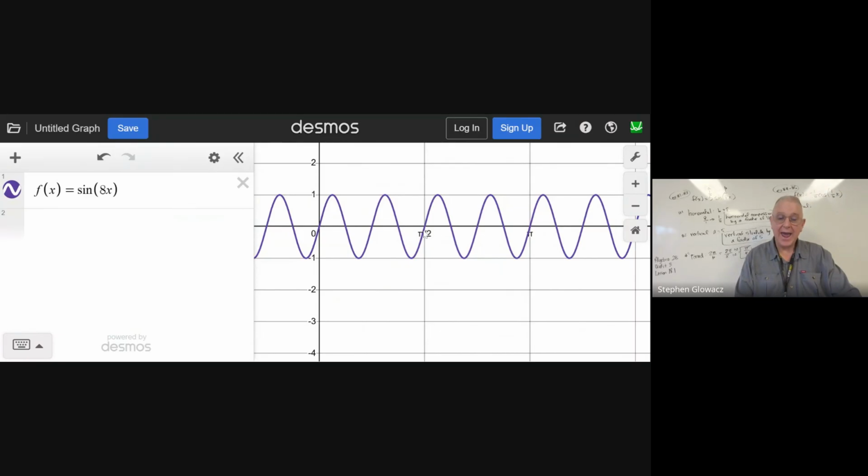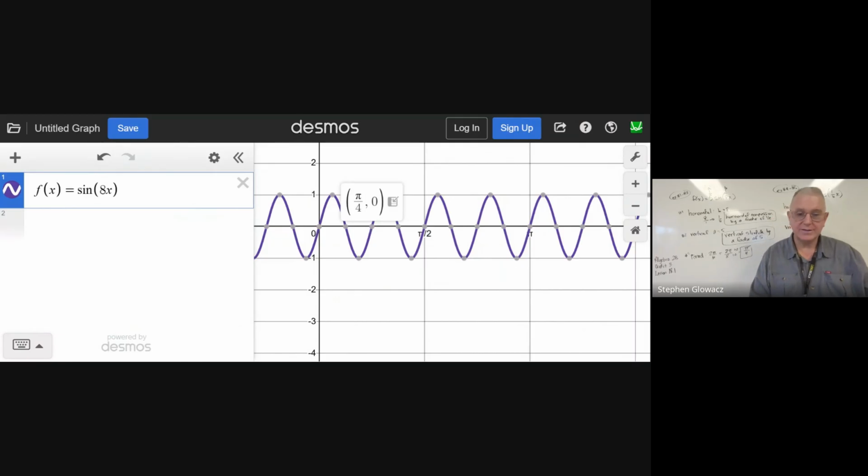So this is half pi right here, so this would be 1/4. From where it starts, it goes up and then down and back to the middle. That completes one period right over here, which would be pi over 4. You can see it there as we hover over that point where it's crossing the x-axis again.